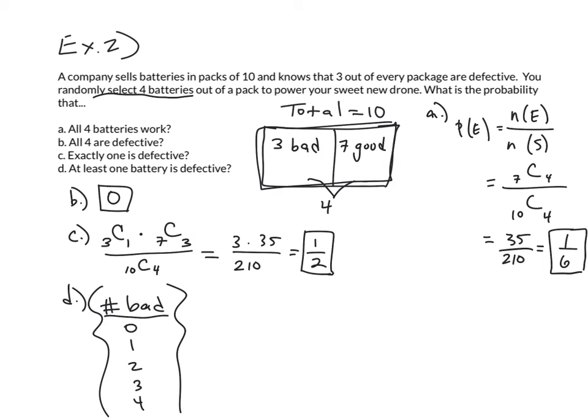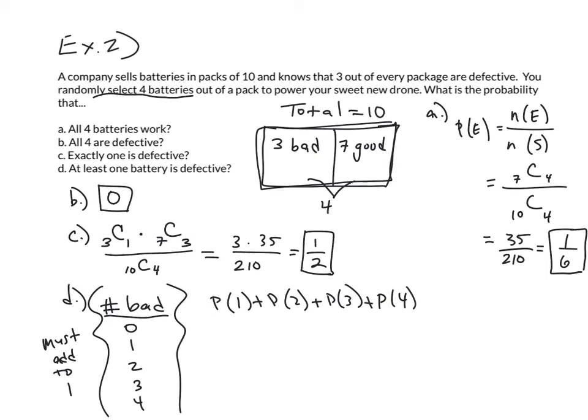And the probabilities of these must add up to 1. So one way, and the long way that we could figure this out, is the probability that exactly 1 is defective, plus the probability that 2 are defective, plus the probability that 3 are defective, plus the probability that 4 are defective. This would be the same as the probability that at least 1 battery is defective. This is going to take a lot of work, but it's doable.